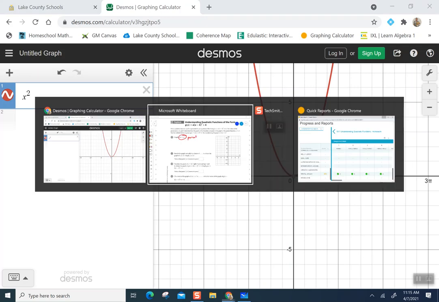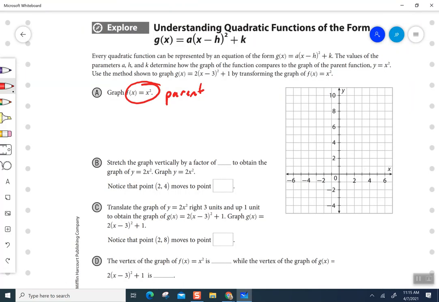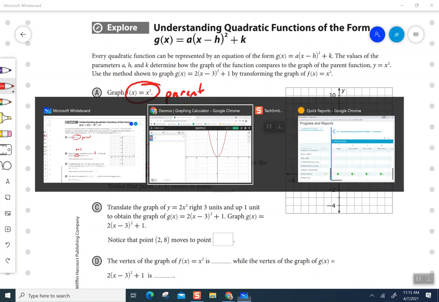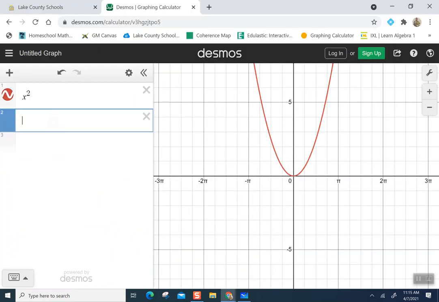Each point here is the same distance to the point here, except in the opposite direction. All right, so the first thing they want us to do is to stretch the graph vertically by a factor of, and they don't tell us, to obtain this graph. Well, you notice that a is equal to 2, so we're going to stretch it by a factor of 2. So I come over here and I say, all right, well, let me do it.